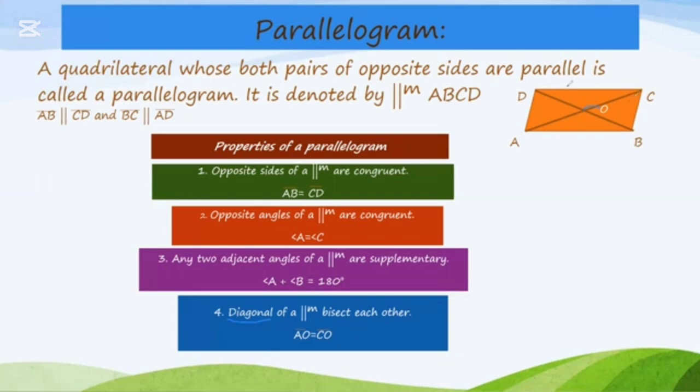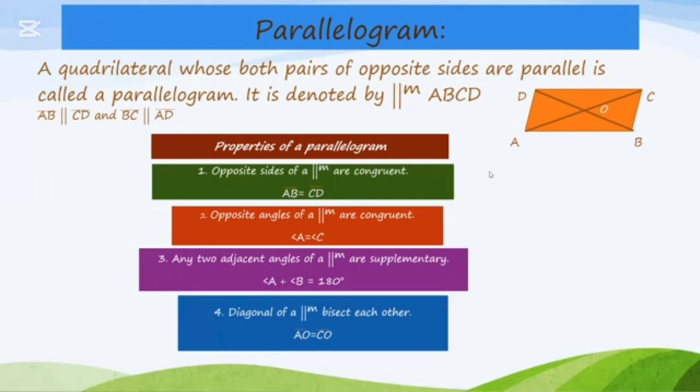That means that these two diagonals are bisecting each other. Okay, so we can say that the two diagonals bisect each other. So this is all about the properties of parallelogram.